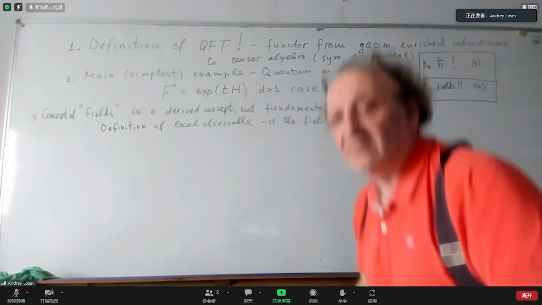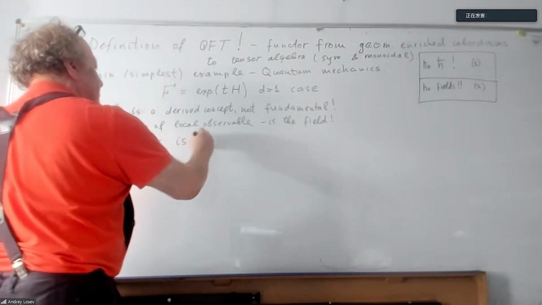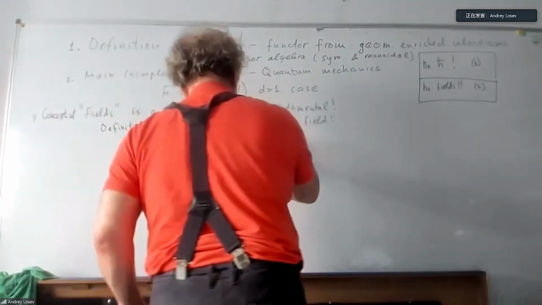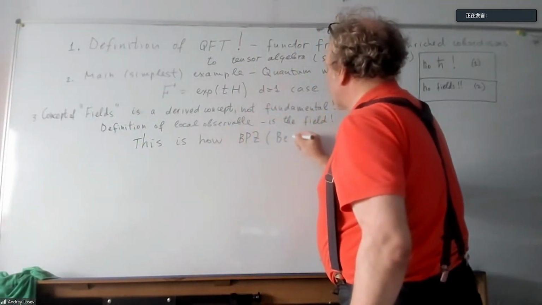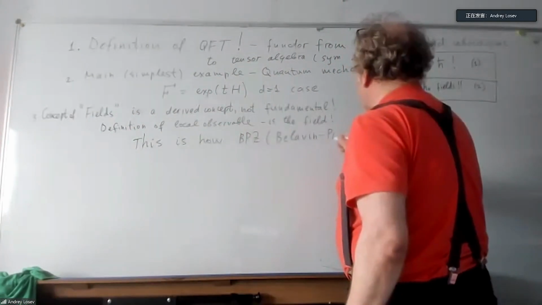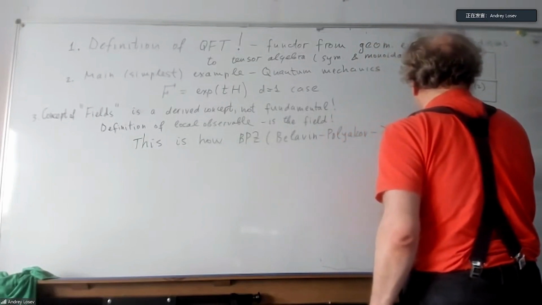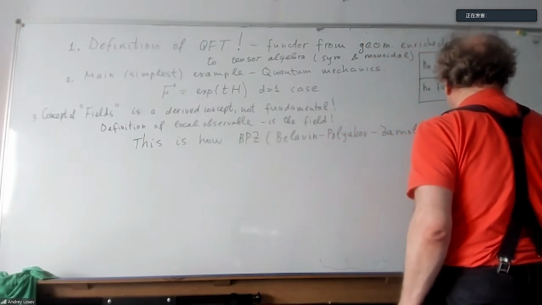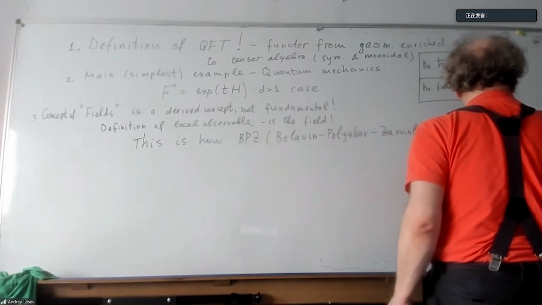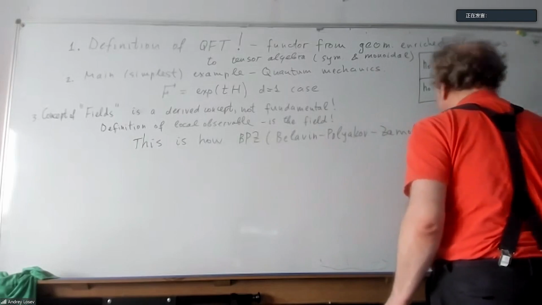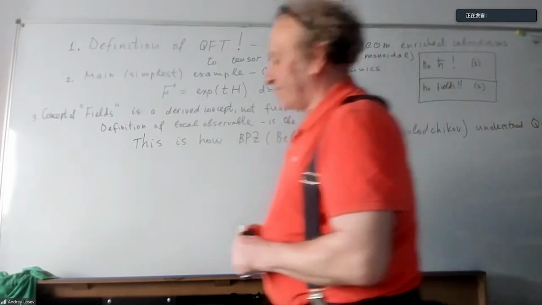So this is how BPZ, Belavin, Polyakov, Zamolodchikov, understood quantum field theory through the existence of local observable.